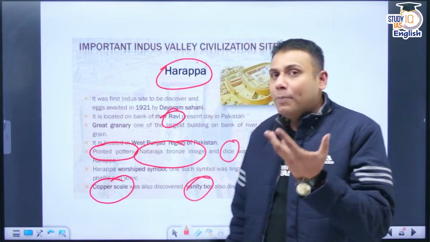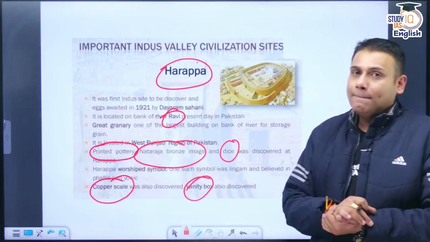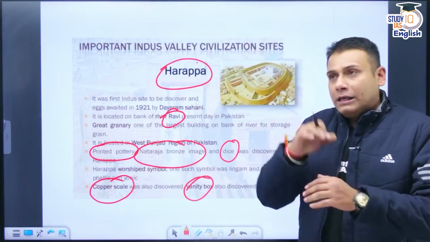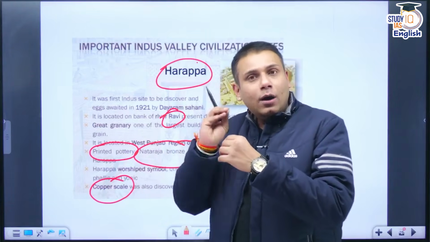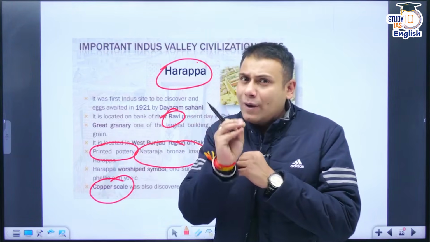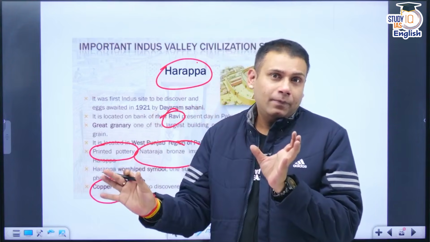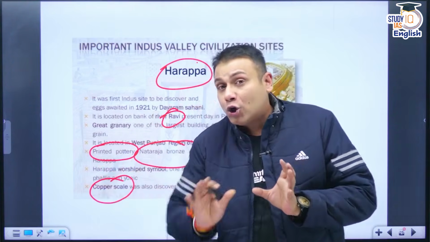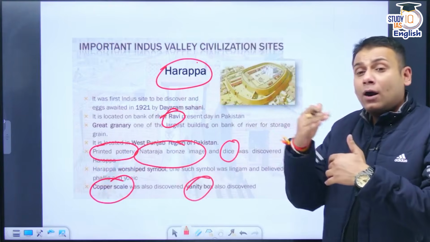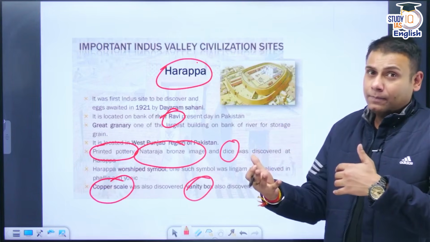Now, observing the copper scale, we can infer one thing. We can see that here people to an extent were aware about mathematics because certain weights and measurements were being attached to this copper scale. So we can infer that to an extent people might be aware about mathematics.